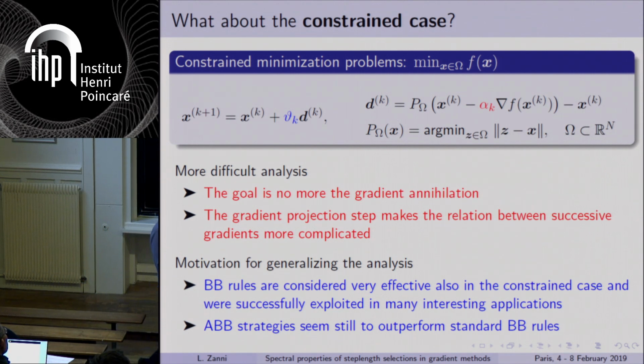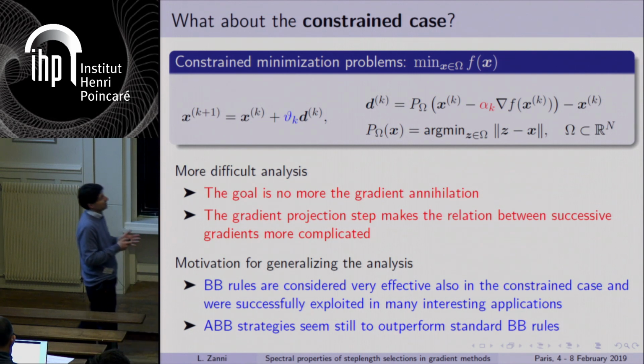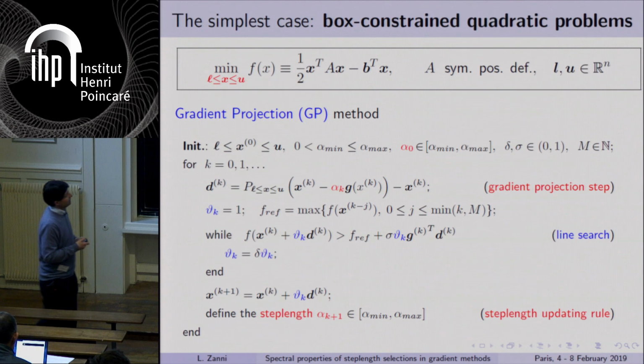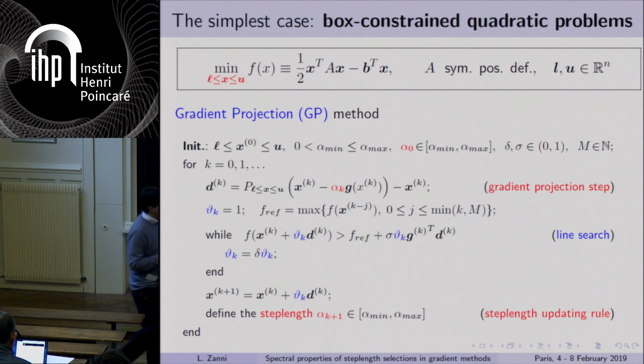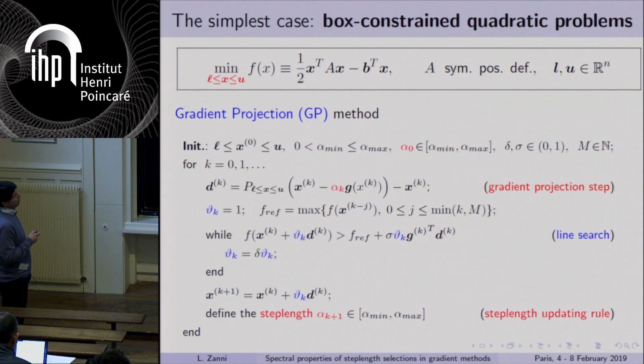Then it seems that also in the constrained case, there is the same behavior of the unconstrained case. And then, in my opinion, it is interesting to understand why we have this situation. To do this, I recall, first of all, the details of the gradient projection scheme in this case, just to recall that also in this case, for the convergence, it's necessary to have some kind of line search. Okay?